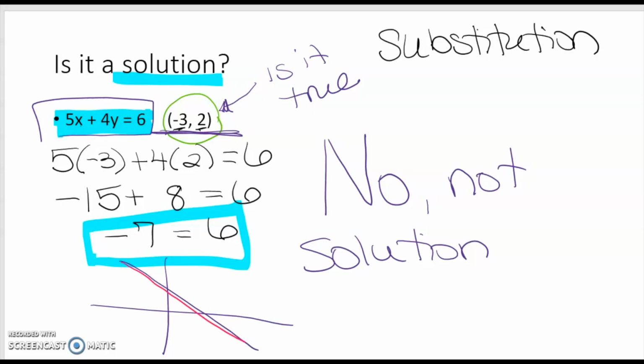The graph is just the line. So this pink indicates the line. Again, I haven't graphed this accurately. And then I'd be looking at the point negative 3, 2. It would be way off here. The green point does not fall on the line. That's what no solution means. It means the line and the point are totally separate. The point is not on the line. Okay?